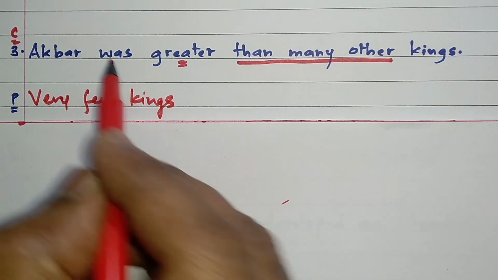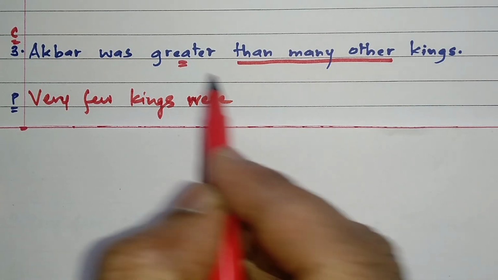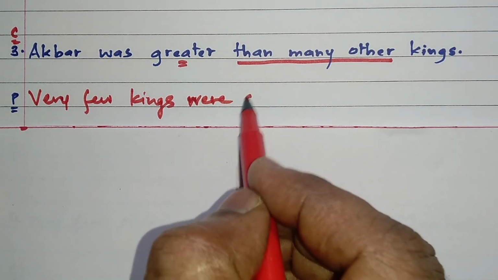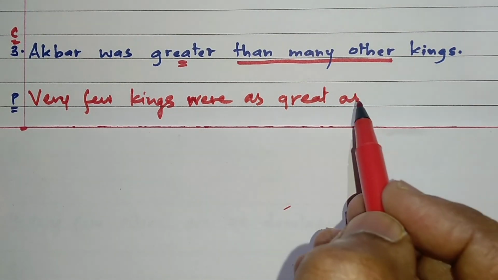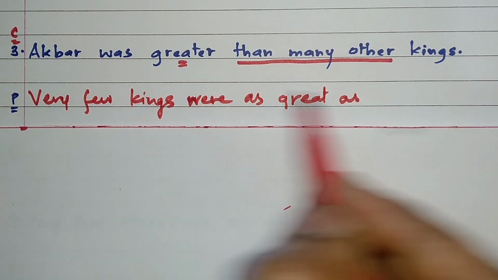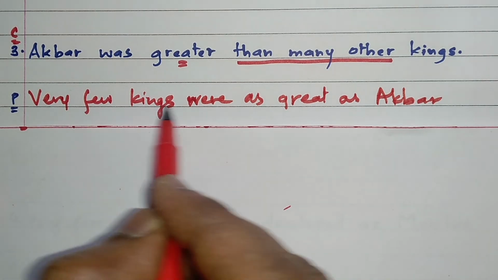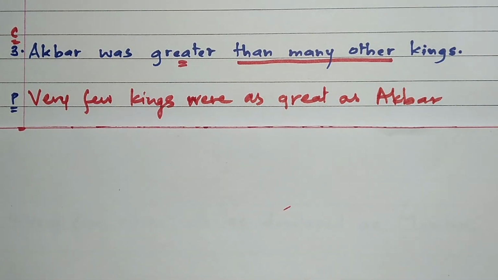Question contains was, so we will use were. Greater is given in the question, comparative degree. So we'll write as great as. That is the positive degree, and then the subject, that is Akbar. So very few kings were as great as Akbar. That's the positive degree sentence.